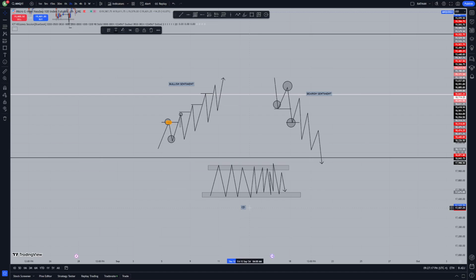And then we got consolidation. This is how you should only see the market. As easy as this information is, this is all you really need to understand what market structure is. Basically, bullish sentiment, it just keeps breaking highs. Bearish sentiment, it just keeps breaking lows. And consolidation, it doesn't even break anything.